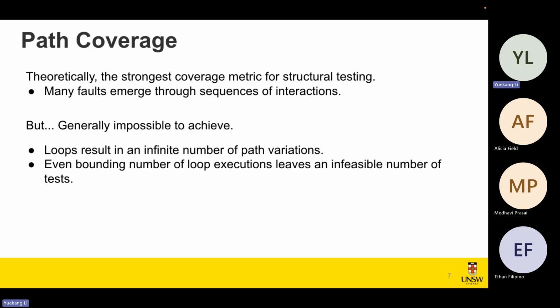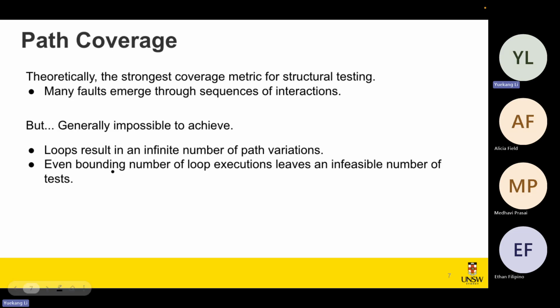If we don't know how many times we can loop, it actually results in an infinite number of path variations, because every time we loop, we can get a new path. And even if we bound the upper limit for the times we can go into the loop, we may still get an infeasibly large number.